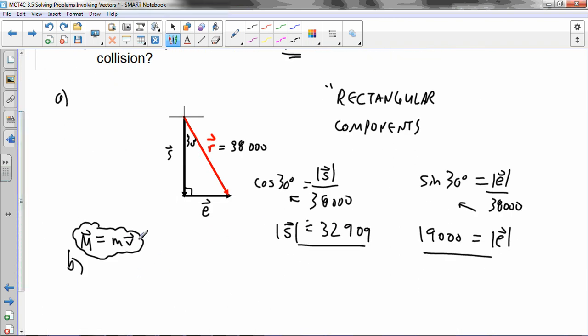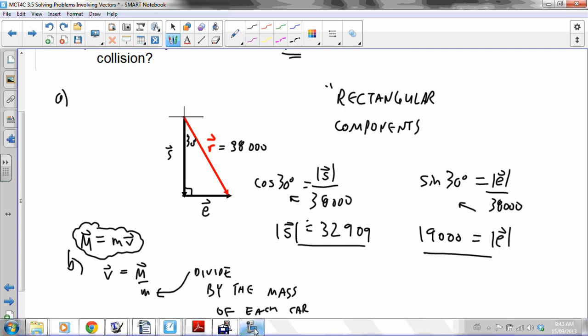If I wanted to find the velocity, all I would have to do is divide by the mass of each car. Then you could find the velocity, and then of course the speed is just that velocity south or that velocity east. Good. Done. Good luck on your homework and then your review, right?